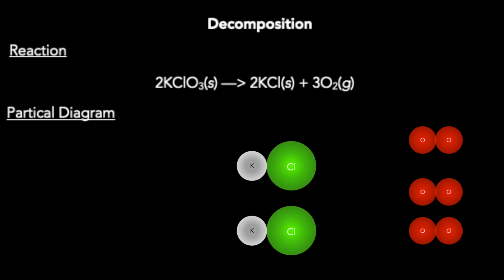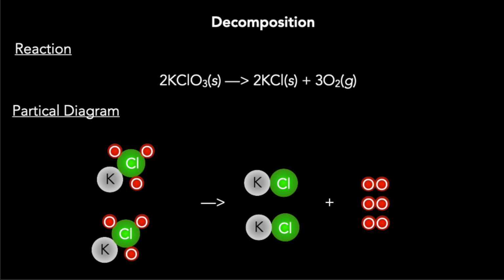These substances are more simple than the original substance, the compound potassium chlorate. Let's go ahead and look at the overall process along with the balanced reaction to get a big picture overview. We have a more complex substance being broken apart into more simple substances: potassium chloride and oxygen gas.